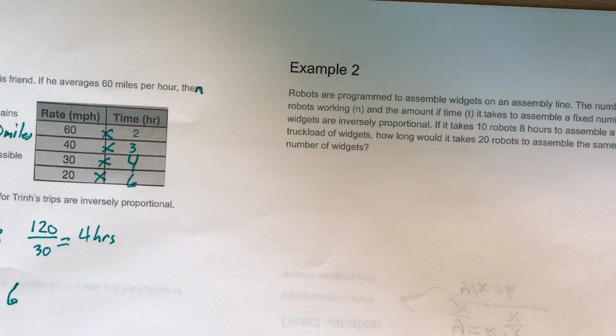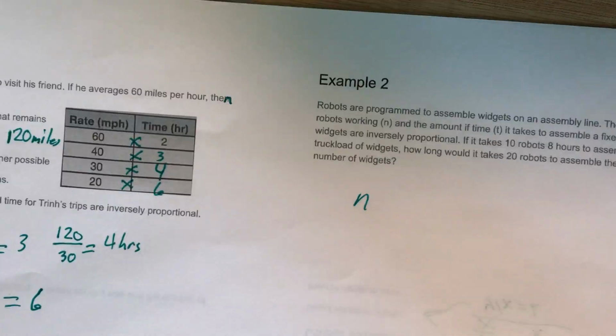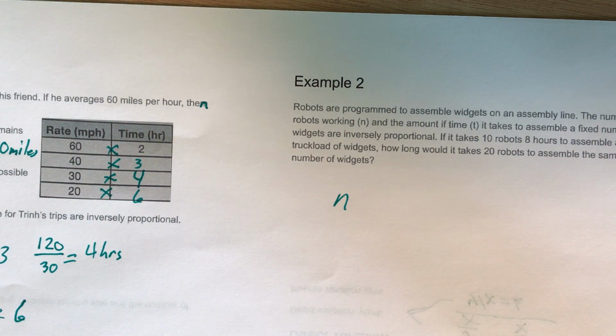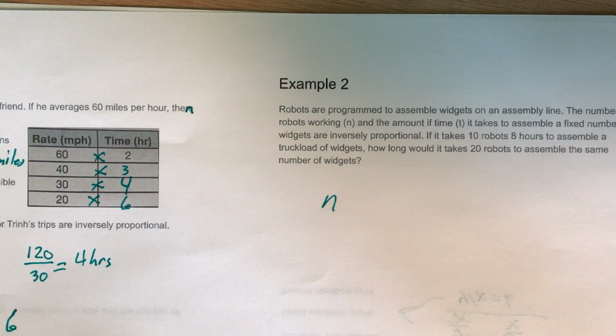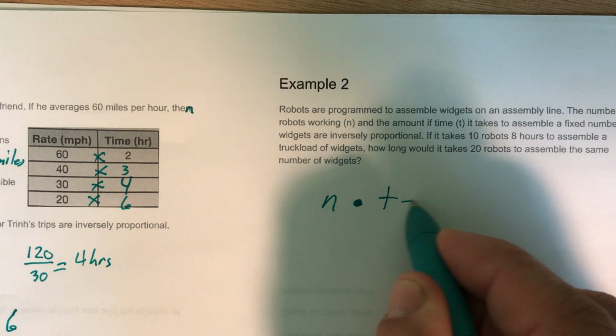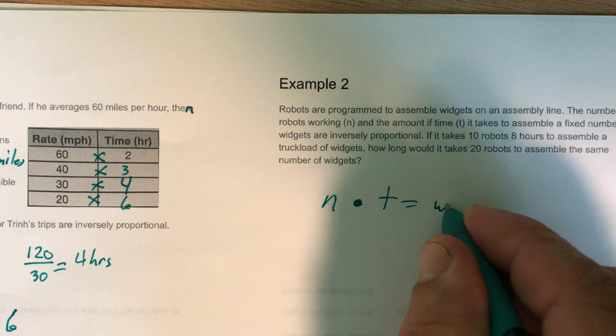So it says number of robots, which is n, and the time it takes to assemble the fixed number of widgets are inversely proportional. So n times t equals widgets.